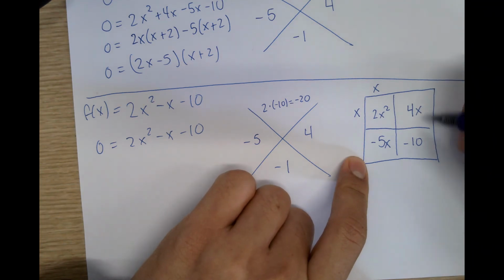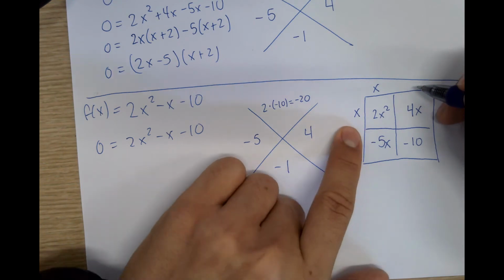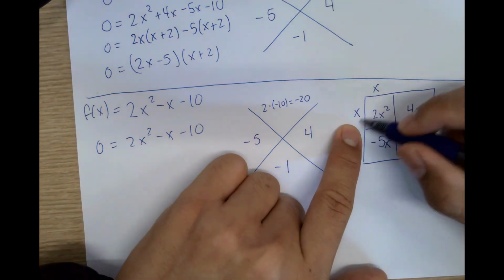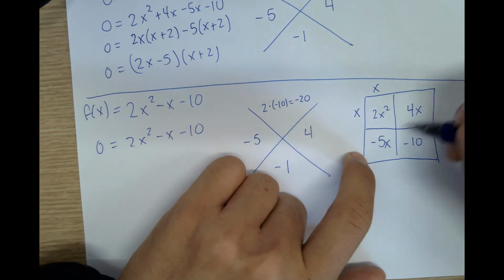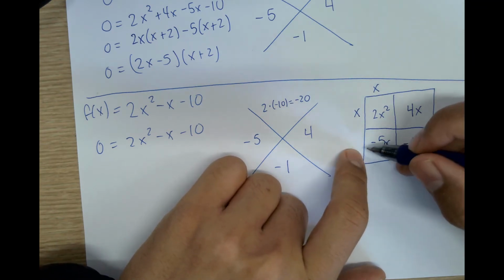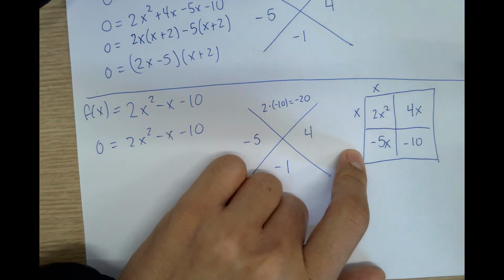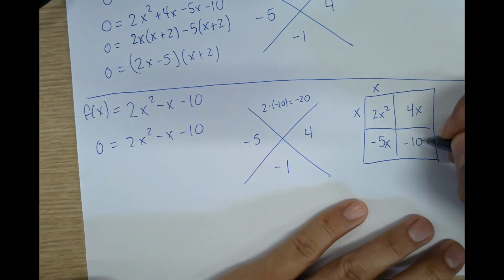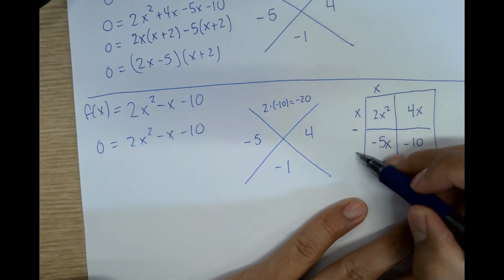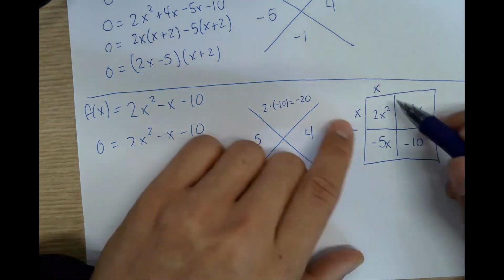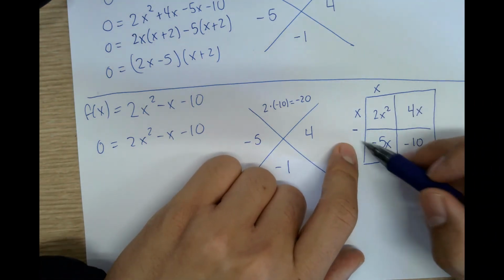And then also, you're going to have a number here that when multiplied by this value will equal 4x. Here we're going to have a number that when multiplied by this value will equal negative 5x. Since this is a negative 10, we know that this number on the bottom must be a negative, because something times x equals negative 5x, so this bottom number must be negative.